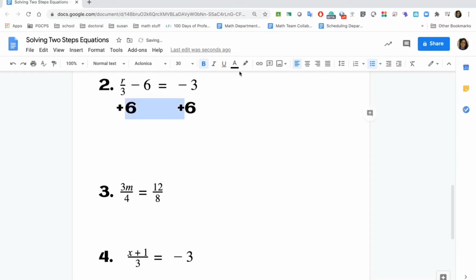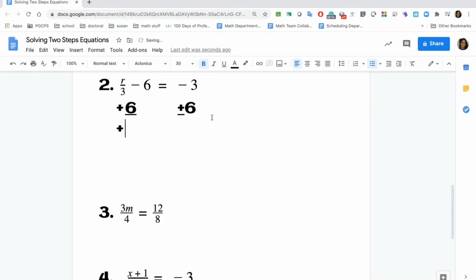Now the left side of the equation will be, let's copy the fraction, r over 3, and it is equal to negative 3.